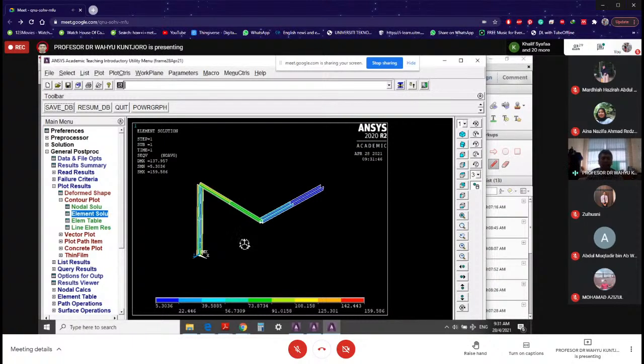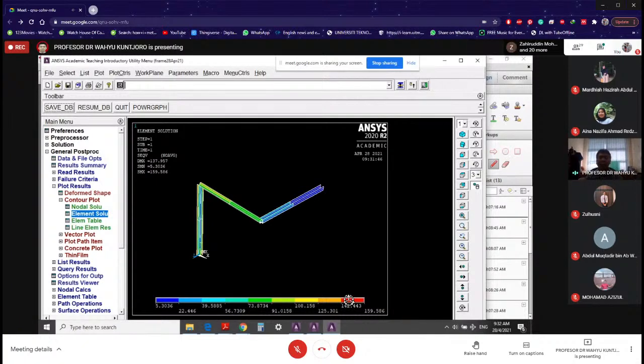The maximum is at the bottom here, just adjacent to the support, okay, which is logical, and the magnitude is, well, round it up, 160 megapascal, 159, 160 Newton per millimeter square or megapascal. Is it safe? Well, if this is mild steel, then it is still safe. Only that the displacement is rather large to my opinion, but it is safe.